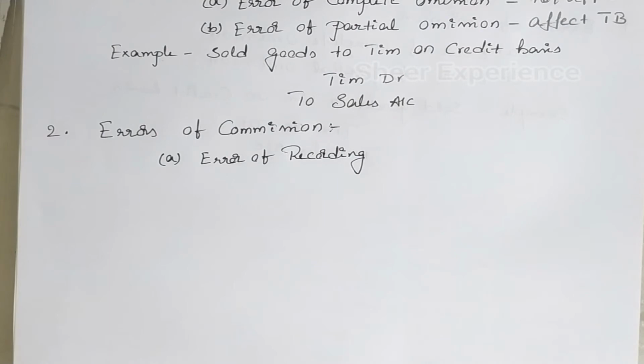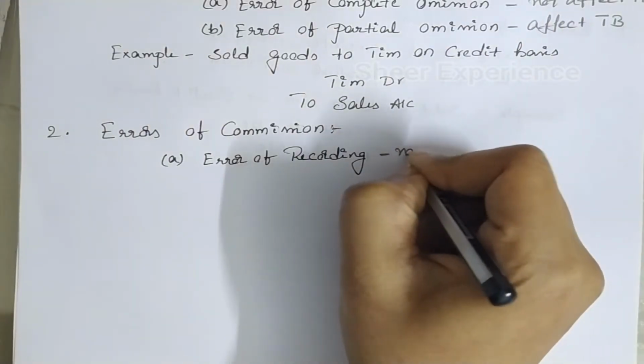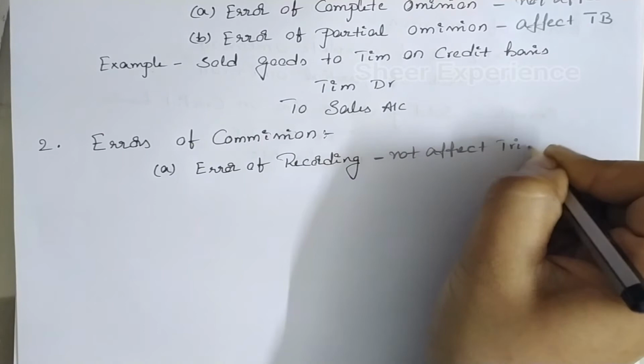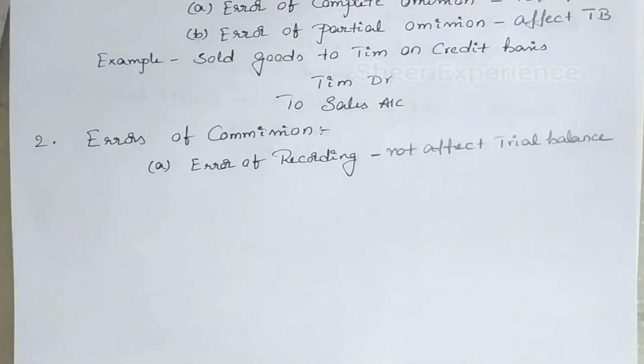What is error of recording? While recording the transaction, by mistake we have recorded with wrong amount. This type of error is called error of recording. And this type of error will not affect trial balance because we have updated the wrong amount for both aspects, that is for debit aspect as well as credit aspect.